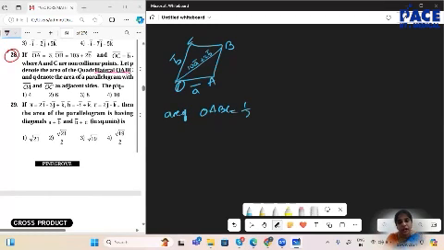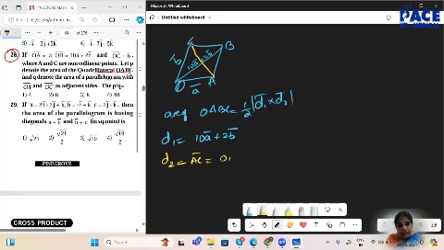It is nothing but half D1 cross D2, out of which what is D1? You already have that, that is 10A plus 2B. Now what is D2, how do you get it? D2 is nothing but AC. How do you get AC?